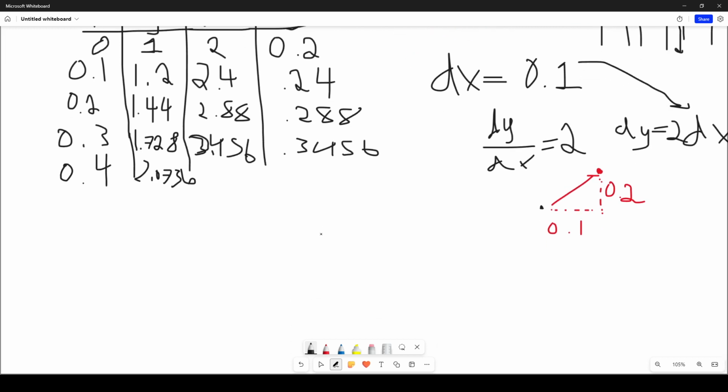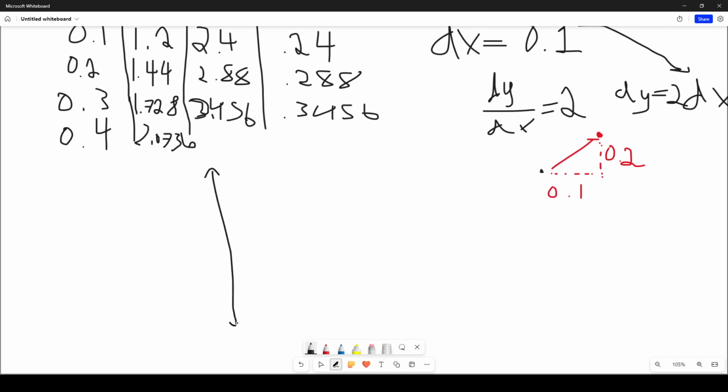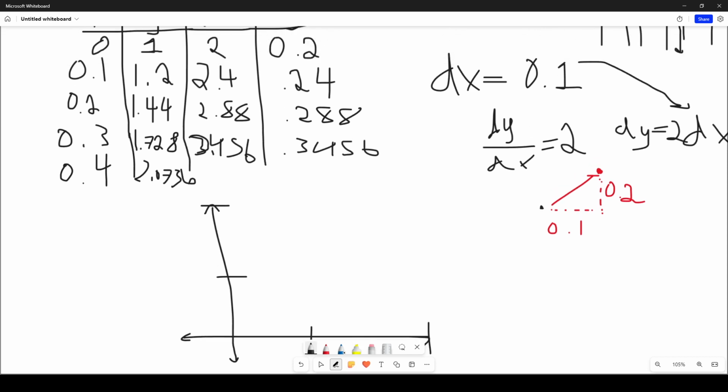So let's see what we've actually done here. Let me make another graph here. So let's have that be 1, that be 2, 1, 2. So we start at (0, 1).